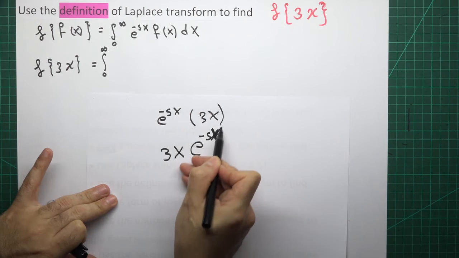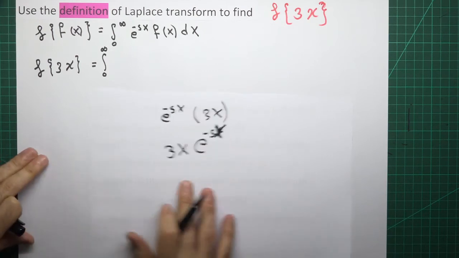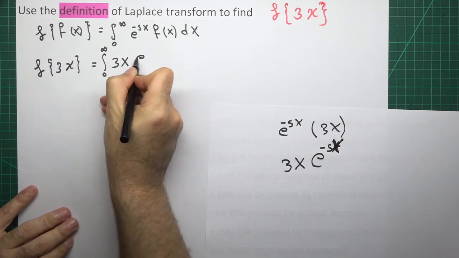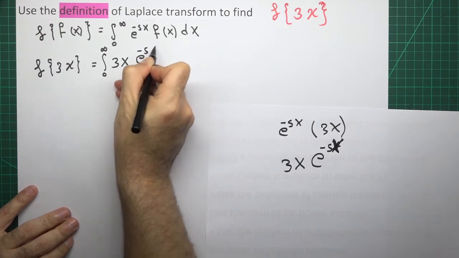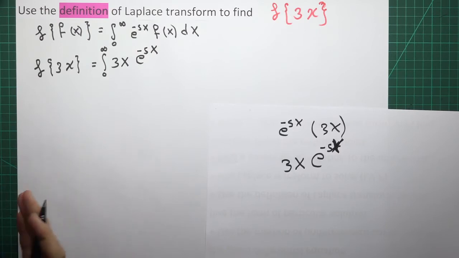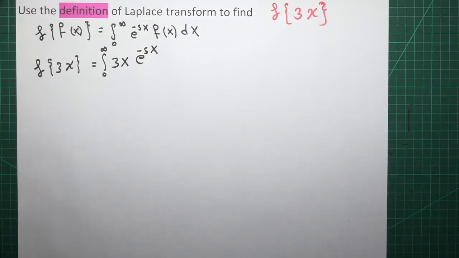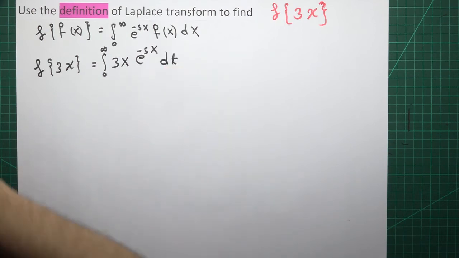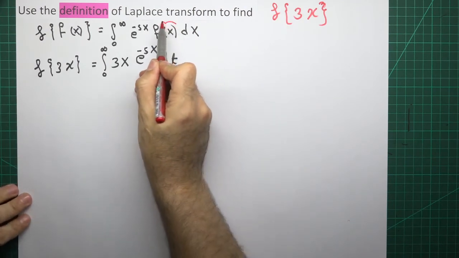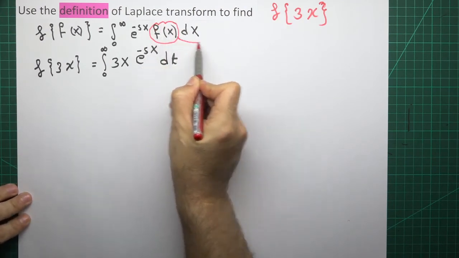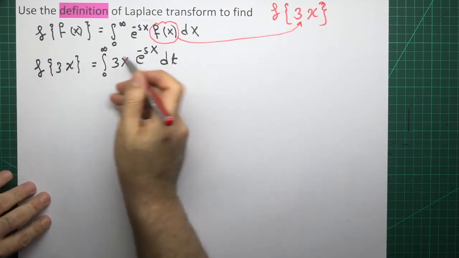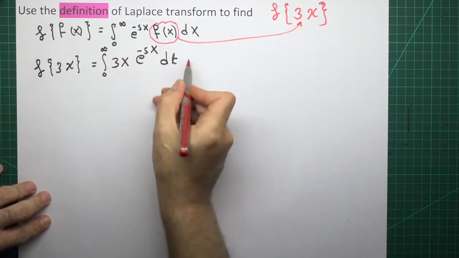So it's much better to write 3x بالبداية then e to the minus sx، لأنه عادة هكذا يكون البولينوميال then the exponential function. أيضا عندي dx، وطبعا كما ترى معي فإنه في هذه المسألة f of x عندي هو 3x.